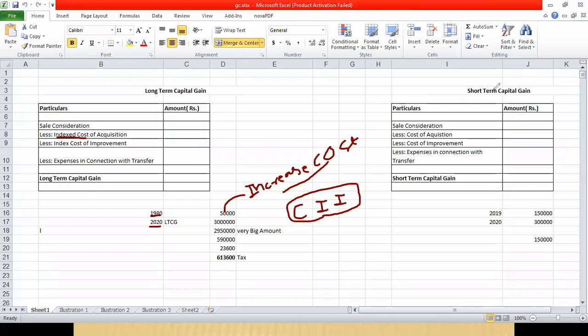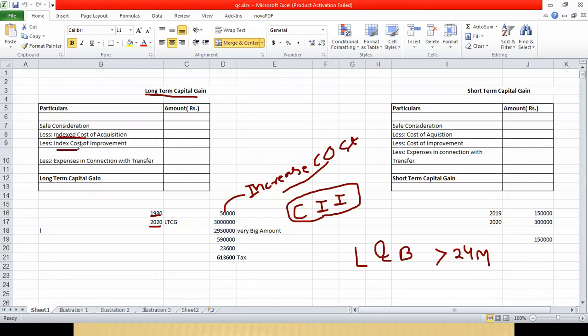For short term, there is no indexed cost. Only indexation benefit will be applicable for long-term capital gain. In land and building, if the period of holding is more than 24 months, then only we get the benefit of long-term capital gain and indexation.